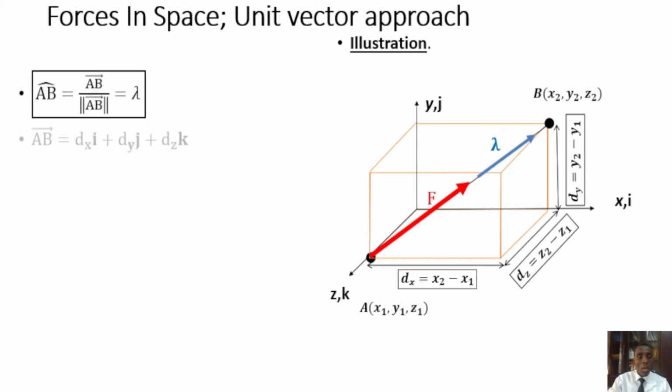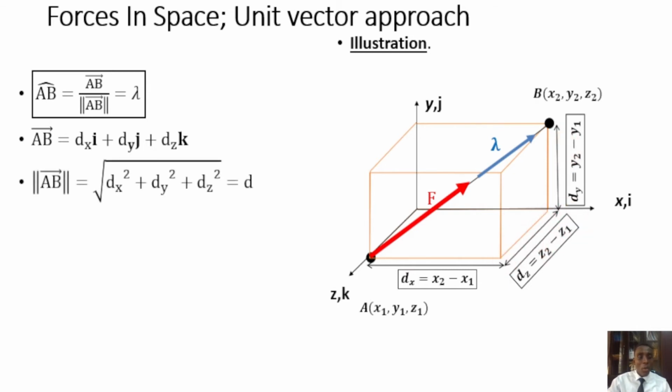Alright, so let's say after walking from A to B, you did dx along the x, dy along the y, and then dz along the z. What is the magnitude? The magnitude is going to be the square root of dx squared plus dy squared plus dz squared, isn't it? And so let's assume that the magnitude is d.